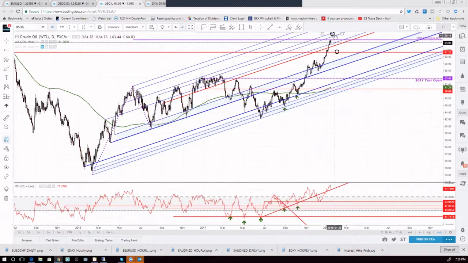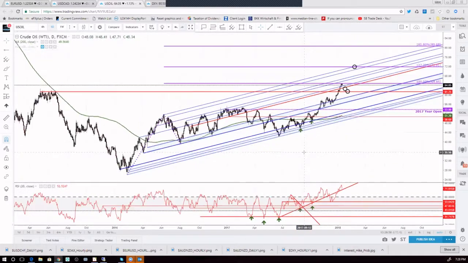So that seems to be a really strong level. I do expect that there's a healthy pullback before going higher and 70s, and that should be it. I don't expect $109 oil anymore.